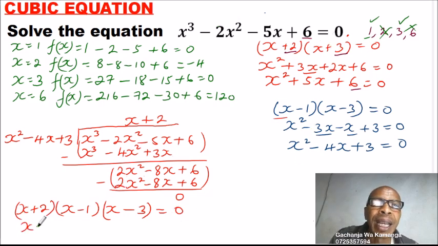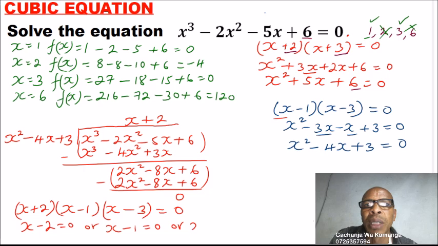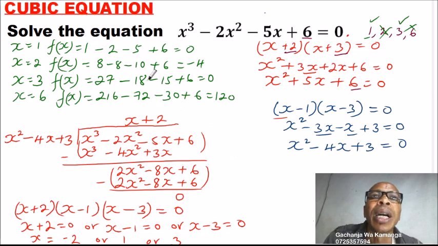So x plus 2 equals 0, or x minus 1 equals 0, or x minus 3 equals 0, which means x could be minus 2, or x is positive 1, or x is 3. So that is how you solve that equation.